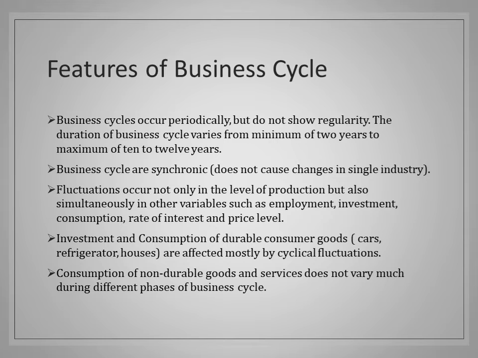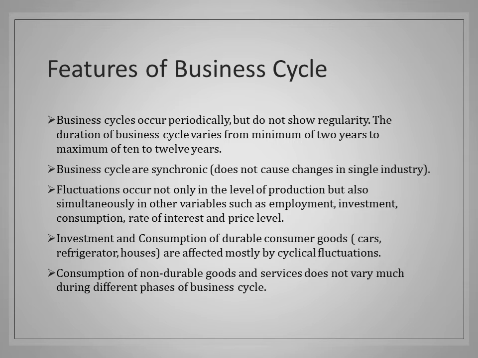The third feature of the business cycle is that fluctuations occur at the level of production. Where production is happening in the economy, there are fluctuations, and this will cause fluctuations in employment, investment, and consumption. Basically all the economic variables are affected by the fluctuations.